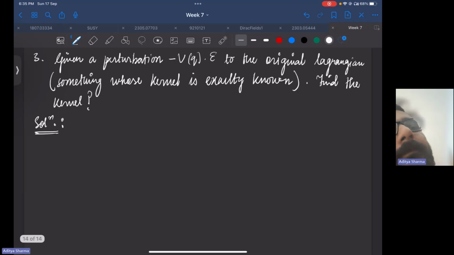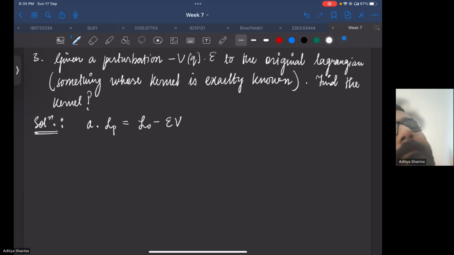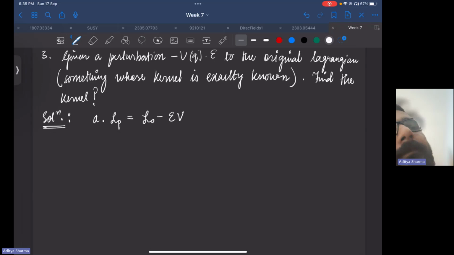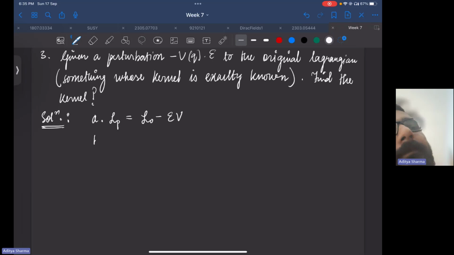So I'll consider two Lagrangians. First Lagrangian is the perturbed Lagrangian, which I'm going to write as L_P equal to L naught minus epsilon times the perturbation. The symbols have their own arguments, so please do not be confused about the arguments.